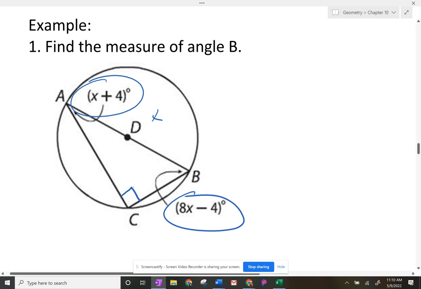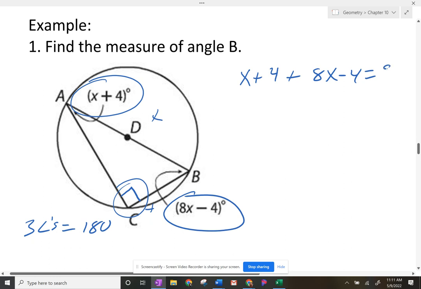If I added every single one of them, they're going to equal 180. But because one's 90, I can cut out the middleman and just say x plus 4 plus 8x minus 4, all of that is going to equal 90 degrees.